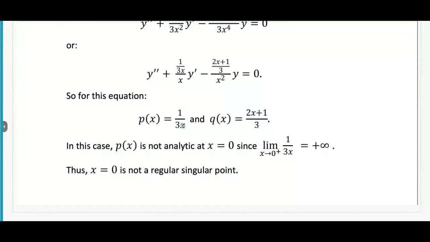Now, 0 is not in the domain of little p, right? Which means p of x is not analytic at 0. So lowercase p is not representable with a power series.